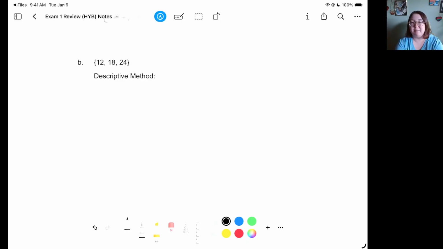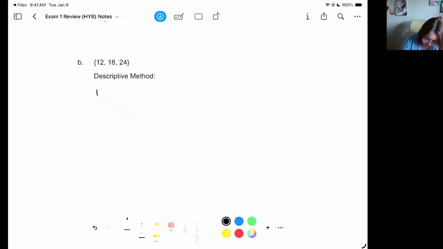So we want to keep that in mind. Something that we kind of maybe want to start with is that they are whole numbers. They are positive and they do not include zero. So we can start off by saying that they are natural numbers. It's kind of a first place to start. So with our descriptive method, we can say that x, or our numbers here, is a natural number.